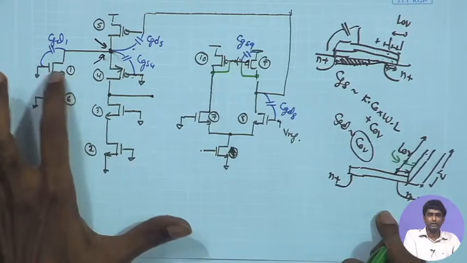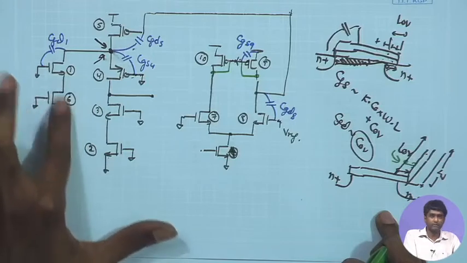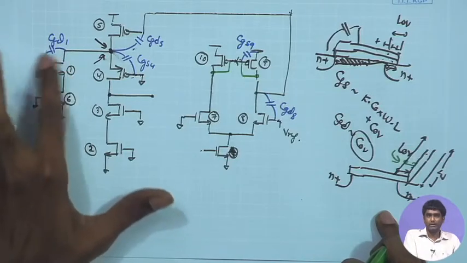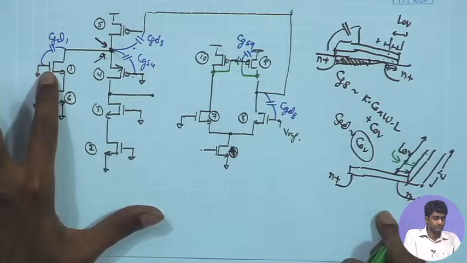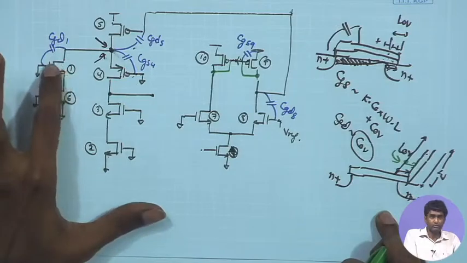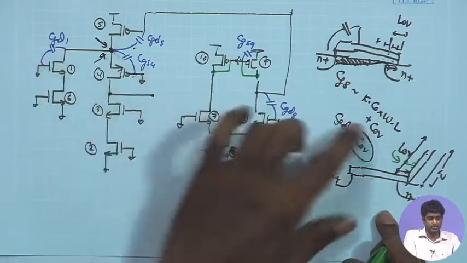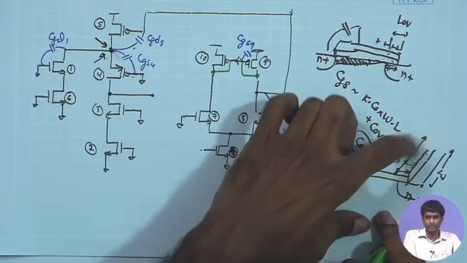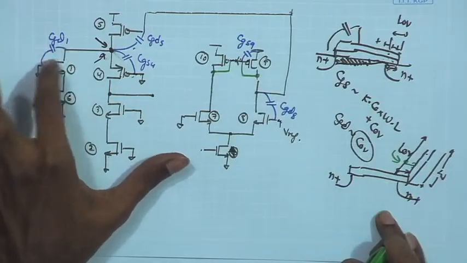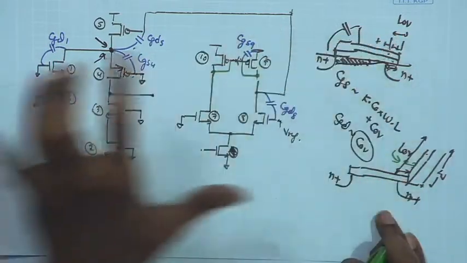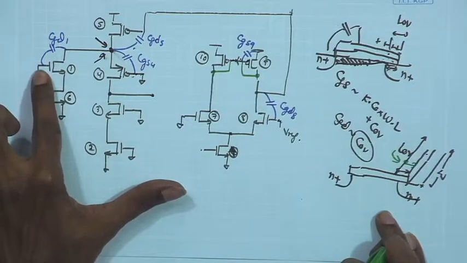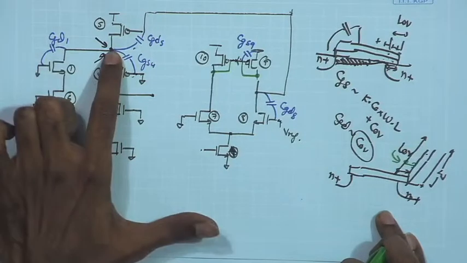If you want to have larger gain for a given current, you would like to make the W by L of this MOSFET large, but if you rely on the increase in W, then the CGD is getting strongly affected by the W, and therefore, that is once again increasing the overall node capacitances over here.